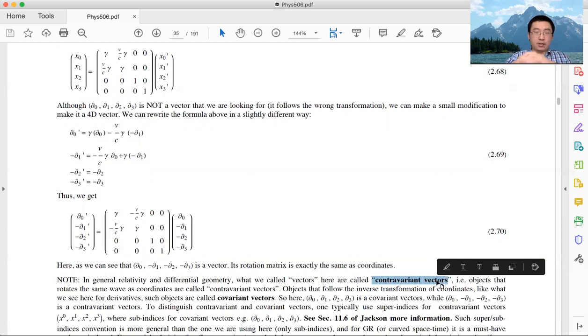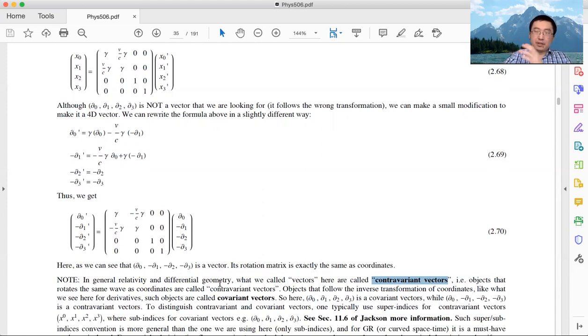Right now, all the vectors we are talking about are contravariant vectors. Contravariant vector means these four components rotate the same way as my coordinate. So my coordinate x0, 1, 2, 3 is a contravariant vector. And for derivatives, partial 0, minus partial 1, minus partial 2, minus partial 3 is the contravariant vector.